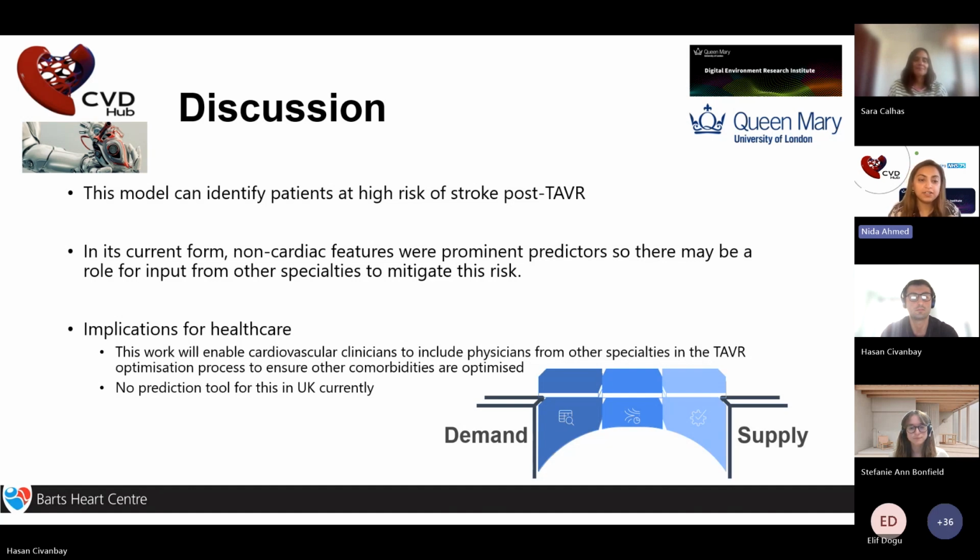This has significant implications for healthcare as well. So this work will enable us as cardiovascular clinicians to include physicians from other specialties and hopefully optimize our patients to try and reduce the incidence of these complications.